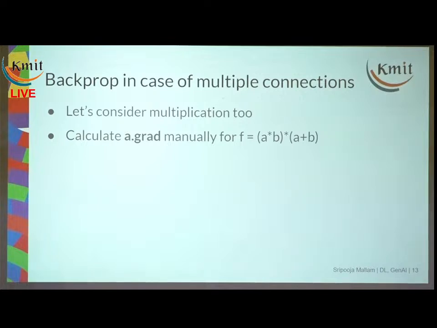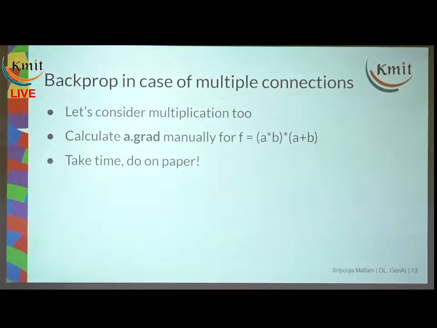So the equation that we are going to consider is f equal to a into b into a plus b. There are only two variables, that is a and b. But I am using these variables multiple times in my mathematical equation. So how will my node graph look in that case? Now quickly do this either in the notebook or take pen and paper, do it and show me how the graph will look for this mathematical equation.